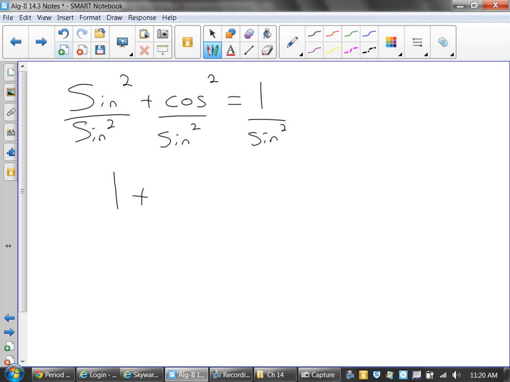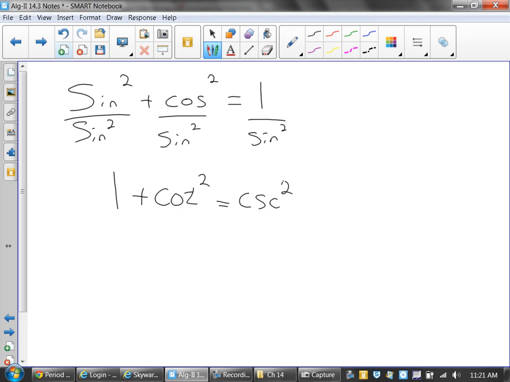Better yet, what's cosine over sine? Cotangent. So this would be cotangent squared. And what's 1 over sine squared? Cosecant squared. There's another Pythagorean identity. Again, it started life as sine squared plus cosine squared. Divide everything by sine squared, you get the next one. Again, could I get cotangent squared by itself by subtracting the 1? And then I can just manipulate it back and forth.